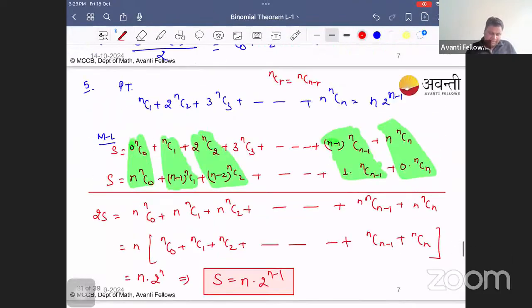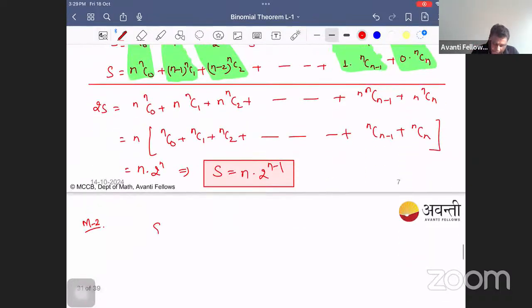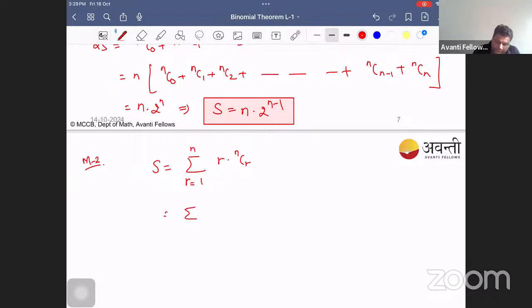Now, see method 2. This was method 1. Method 2. Now, this S is what? S is sigma r from 1 to n, r times nCr. This is nC1 plus twice of nC2 plus thrice of nC3 and so on and so forth. Now see very carefully. r times nCr will become n factorial upon r factorial, n minus r factorial.